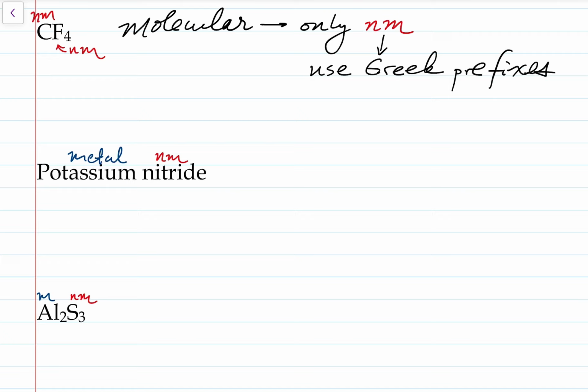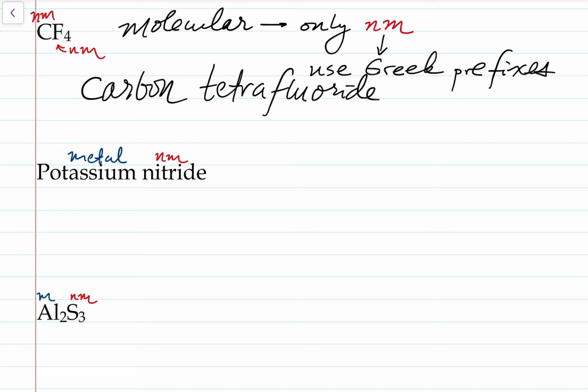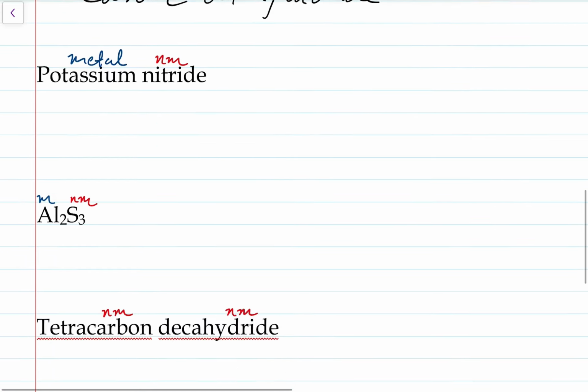Okay, especially when we're going to do their name. Now, since it's only one carbon, we're just going to call that carbon tetrafluoride. Again, you'll have access to a periodic table. So that's the name. Now, this is a molecule, so we don't need to do the crisscross or anything like that.